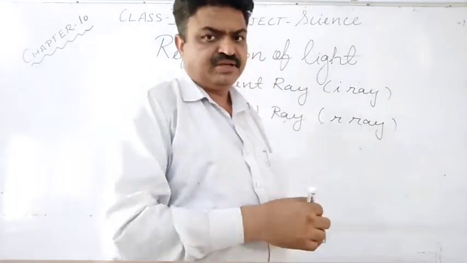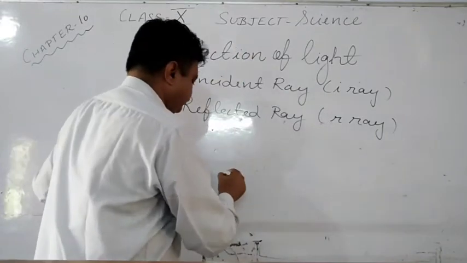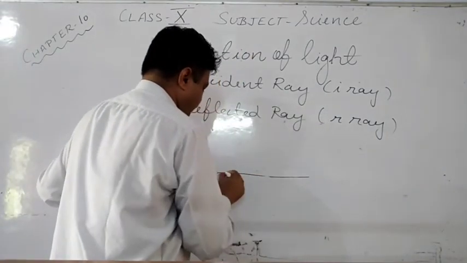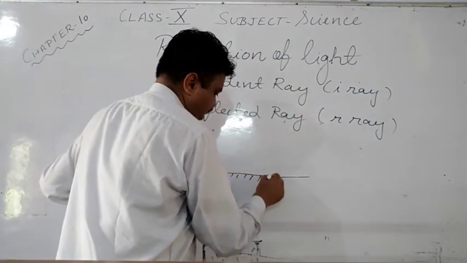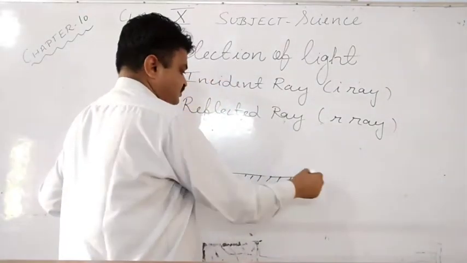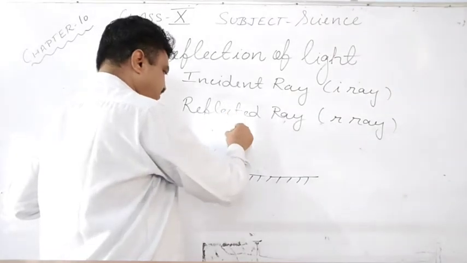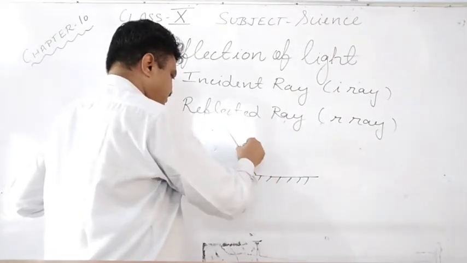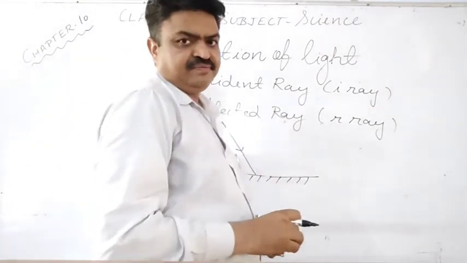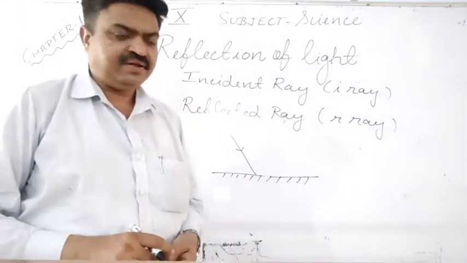Like there is one object, students, and that object has a smooth and polished surface. When the light rays fall on it, these rays are known as incident rays.